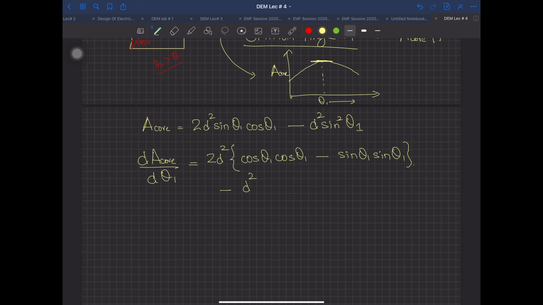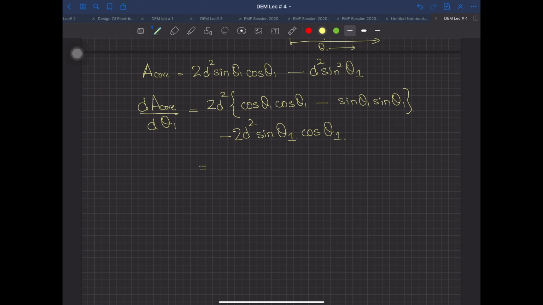2 will be coming out, so this will be 2d square sine theta 1 multiplied with cos theta 1. Now this term internally I can simplify: 2d square, I have it over here as cos square theta 1 minus sine square theta 1, minus 2d square sine theta 1 cos theta 1.